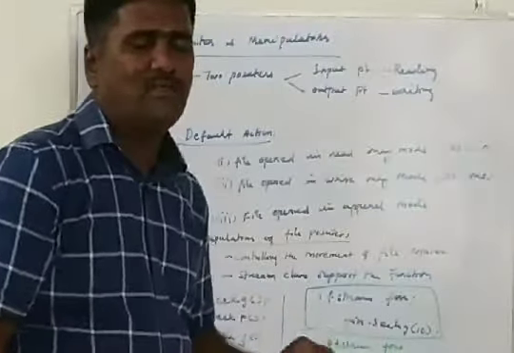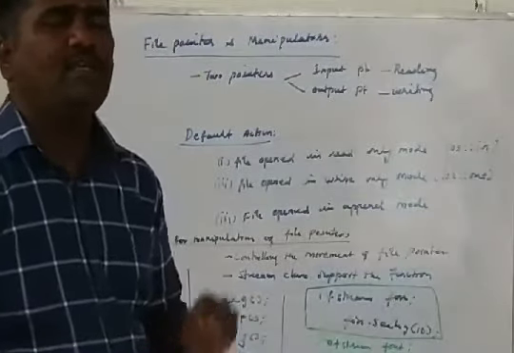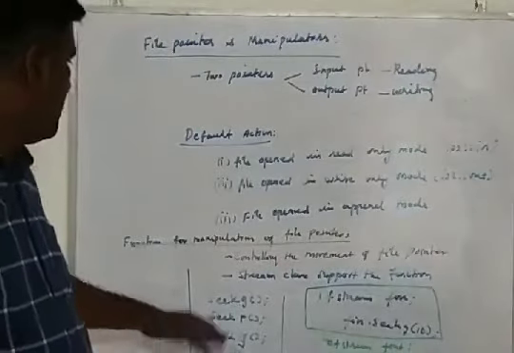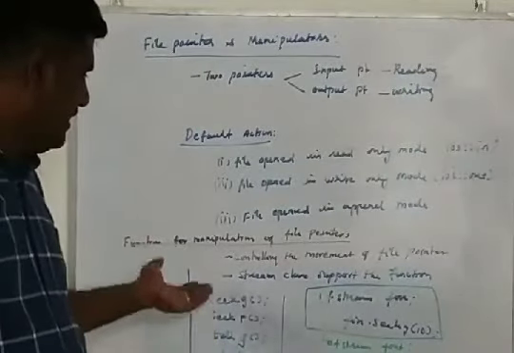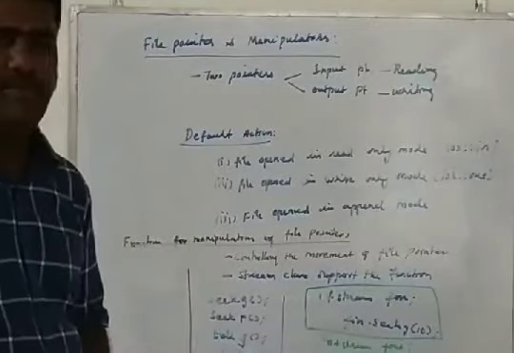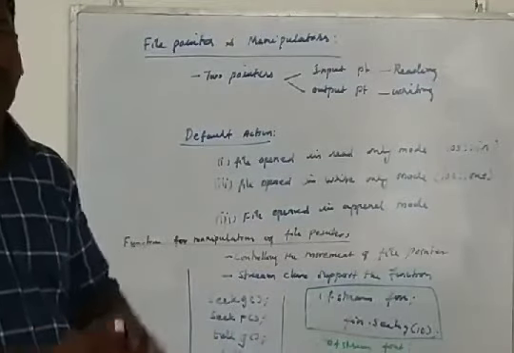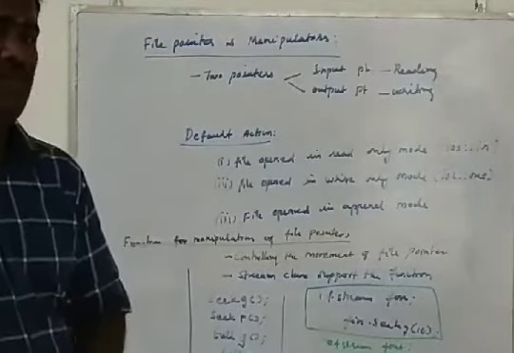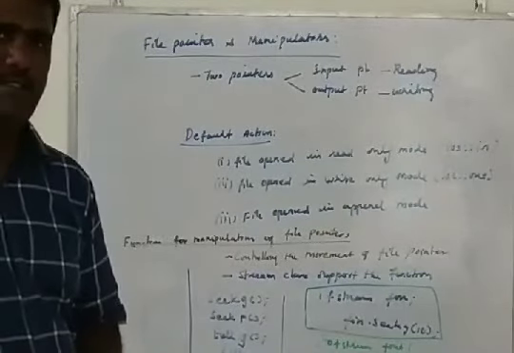So it gives the current position of the file. For that purpose we are using the seekp and tellp functions to control the movement of input and output file pointers overall.